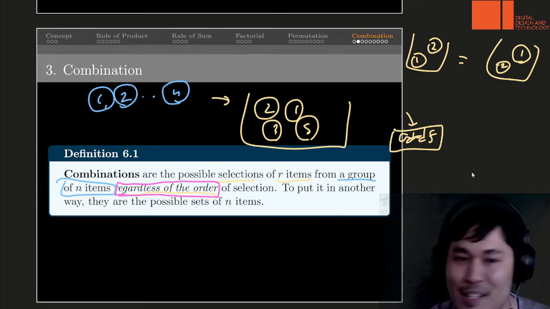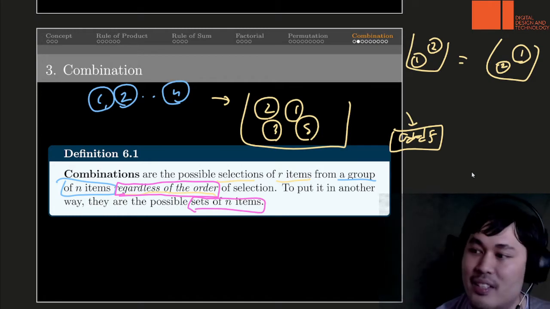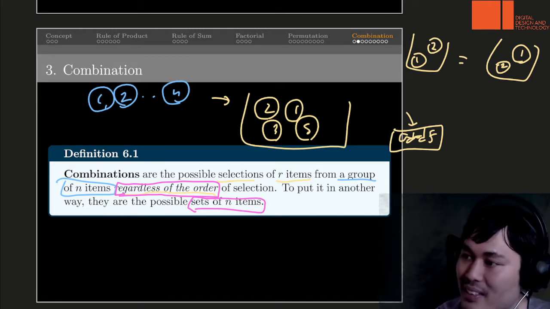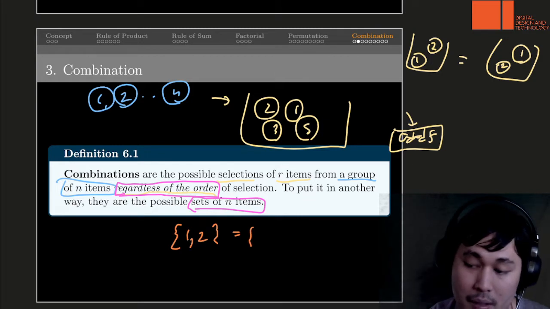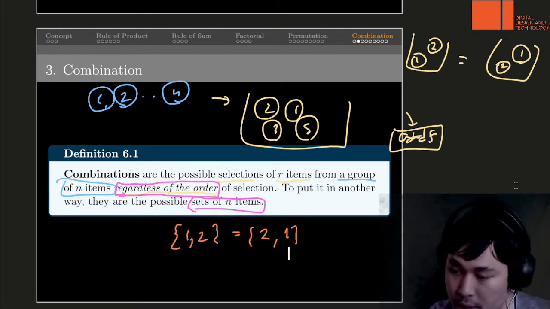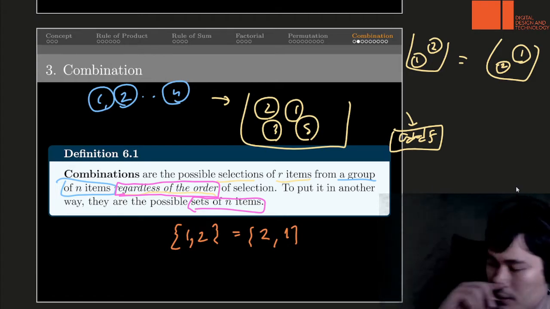And formally we can think of them as sets, which is more abstract, but is kind of needed. If you remember the set notation, the set with 1 and 2 is the same as the set with 2 and 1. When we have sets, we don't care which one is first, which one is second.